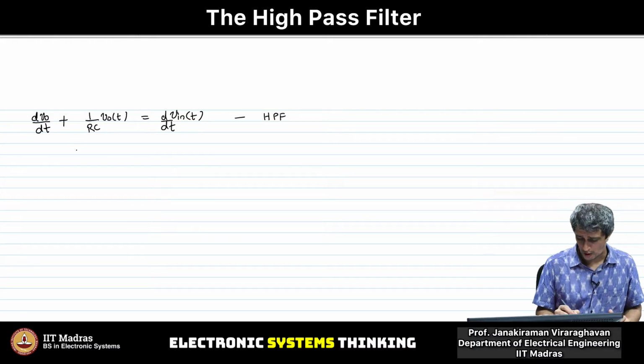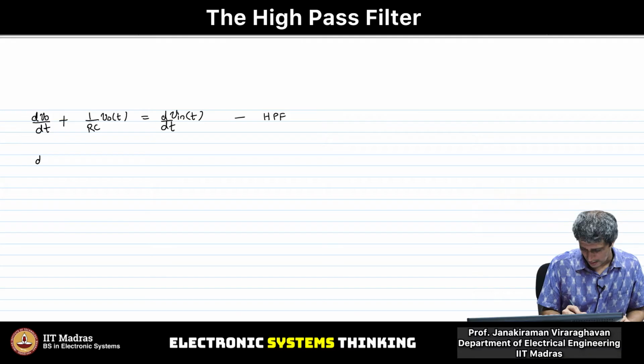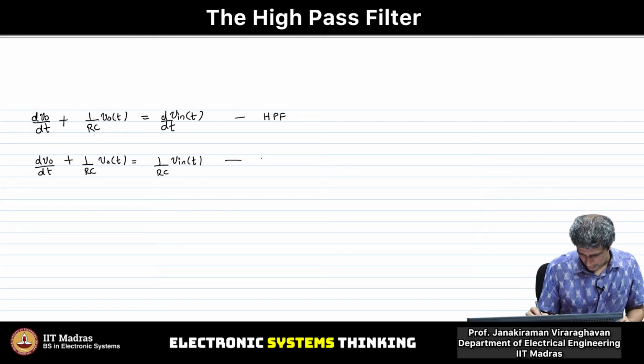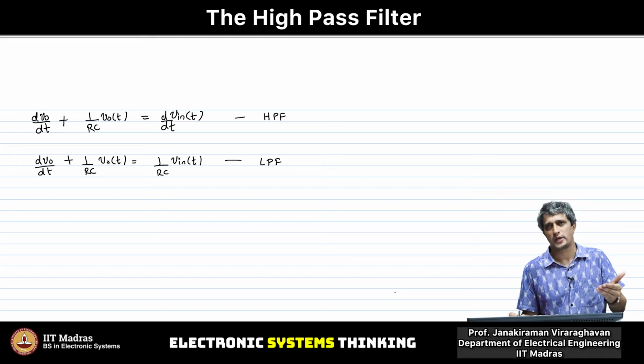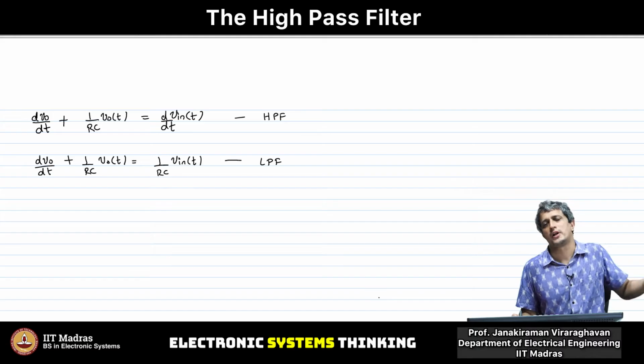Now the problem that we did in the earlier lectures was for the low pass filter, dV out by dt plus 1 by RC V out of t equals 1 by RC V in of t. This was my low pass filter. We essentially took the case of V in of t equal to A sine omega naught t, for a particular omega naught frequency, and we went ahead and solved the differential equation.